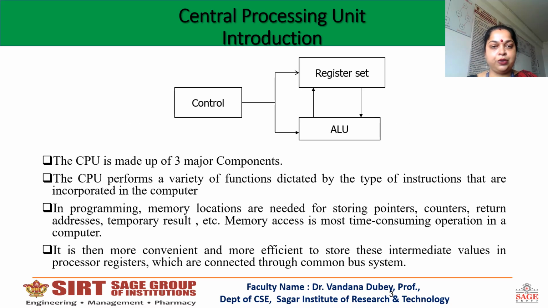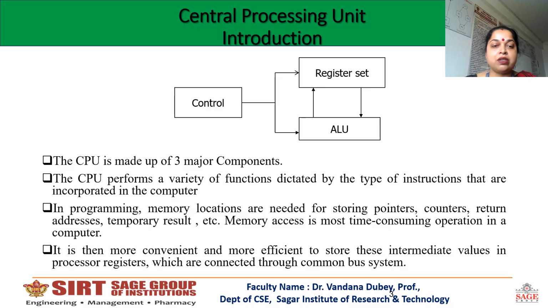Now, introduction to Central Processing Unit. The Central Processing Unit is the brain of a computer. It is responsible for executing instructions, performing calculations, and managing the flow of data within a system. It is the most critical component in determining the speed and efficiency of a computer. Every operation, from basic arithmetic to complex data processing, depends on the CPU.